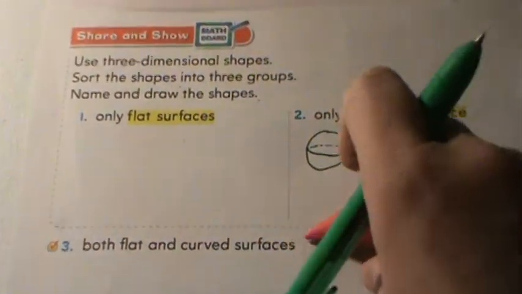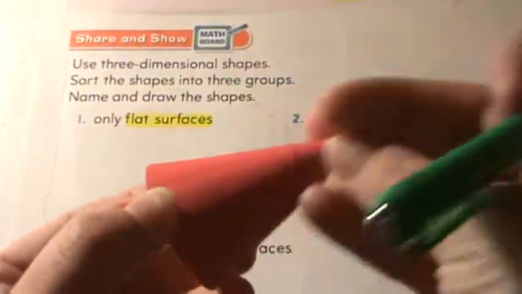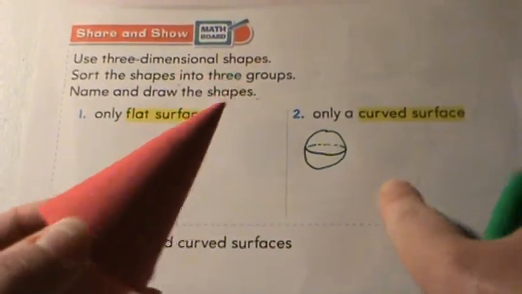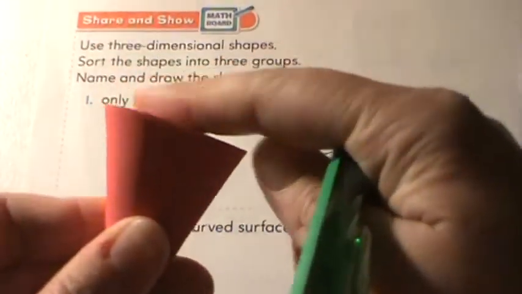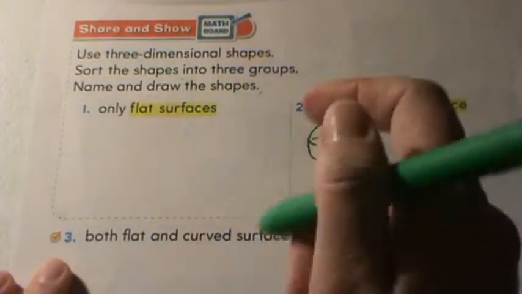No. So that's spinning around because it's curved. That is a rounded, curved surface. So does it only have flat? Does it only have curved? No. It has both flat and curved. So we are going to draw that cone down here at the bottom.